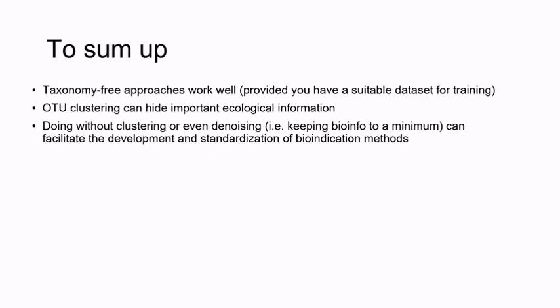So to sum up, taxonomy-free approaches work well, provided that you have some chemical data for training. OTU clustering can hide important ecological information. And the idea of doing without clustering and even denoising was this: you saw that we made some standardization for sampling and how to preserve samples. We made a standard for the barcoding library.